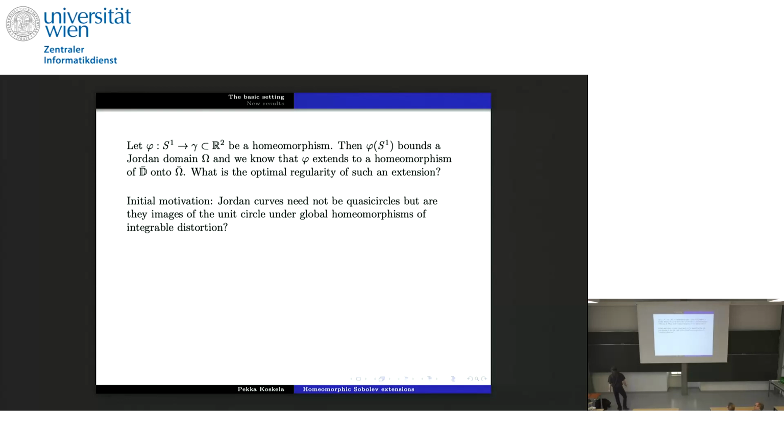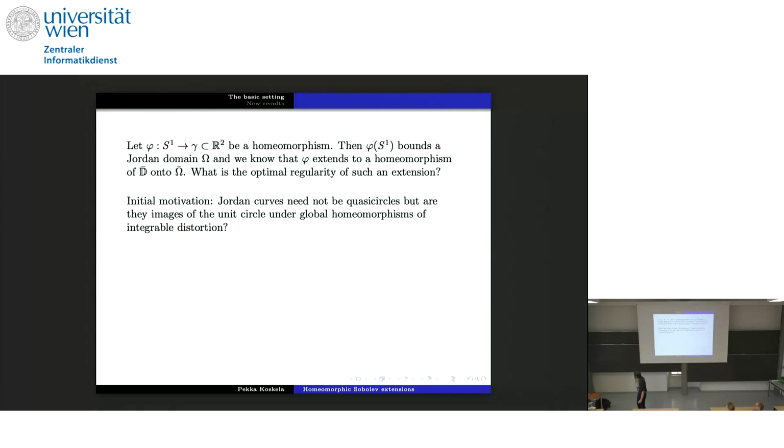So by distortion, what I'm basically saying is that I want to look at a homeomorphism F, which is W^{1,1} locally, and then I look at the differential, and I ask that if the Jacobian vanishes, then the differential has to vanish also.